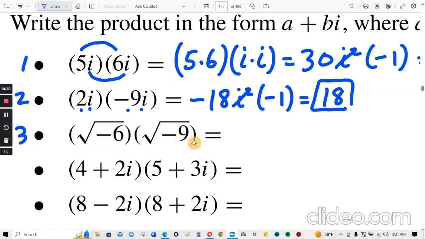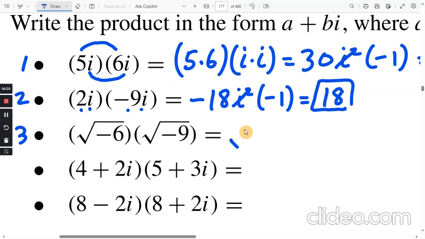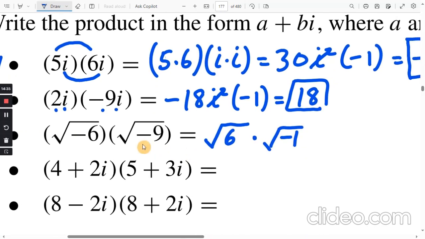All right, these are both multiplied. So let's see, the square root of negative 6 is the same as the square root of 6 times the square root of negative 1. And the square root of negative 9 is the same as the square root of 9 times the square root of negative 1, because 9 times negative 1 is negative 9. Now, these were multiplied, so of course when you break it up, these are still all multiplied.